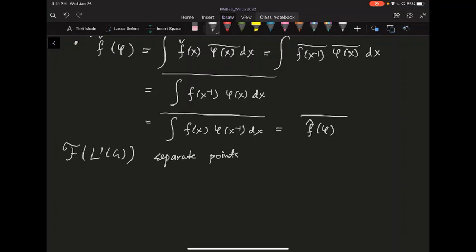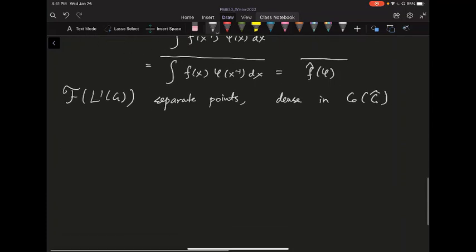And because it separates points, and this L1 is certainly a Banach algebra, when you do the star homomorphism, the image is still an algebra. So you can do the Stone-Weierstrass, so it's going to be dense inside the C0 of Ĝ. This is simply from the Stone-Weierstrass theorem.